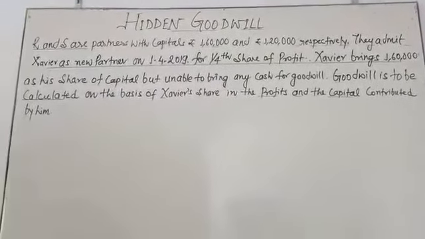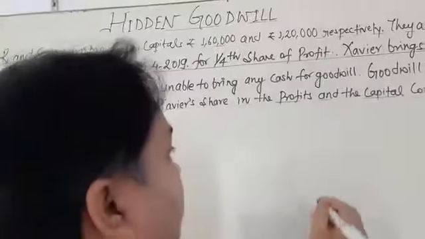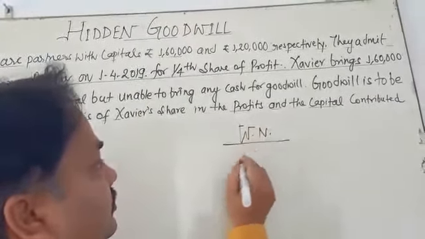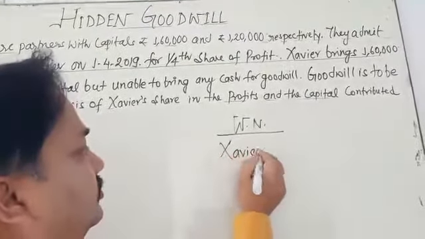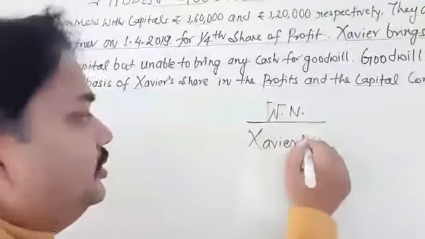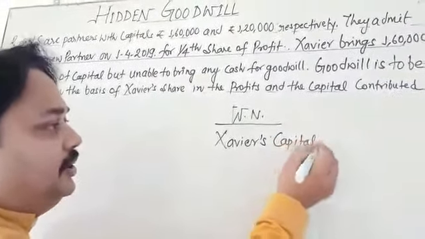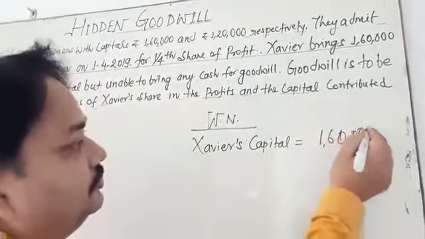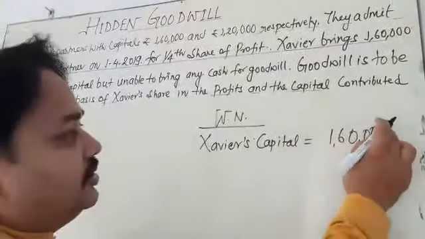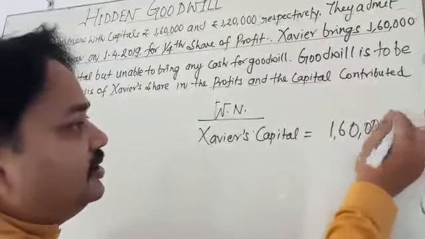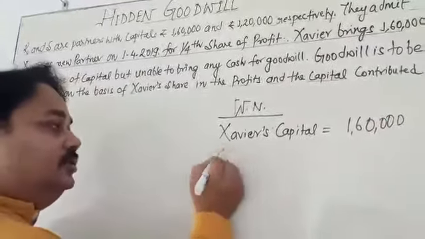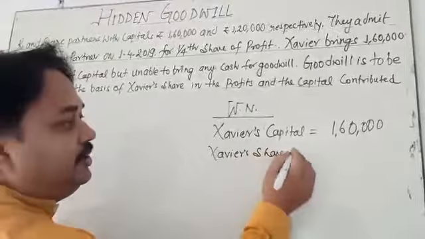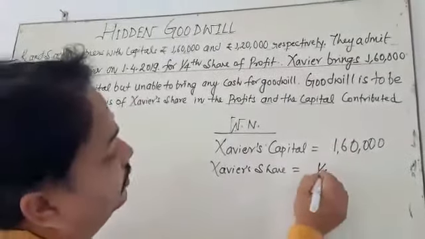Working note of the total capital of the firm. Javier's capital is 1,60,000, and Javier's share of profit is 1/4.